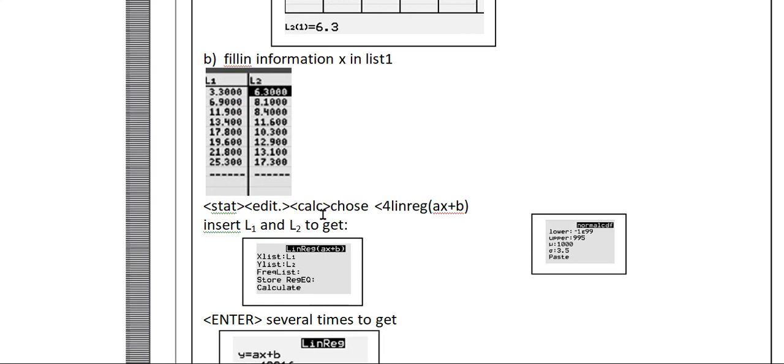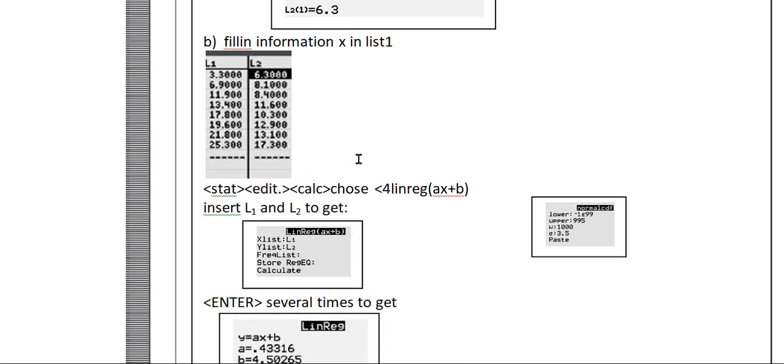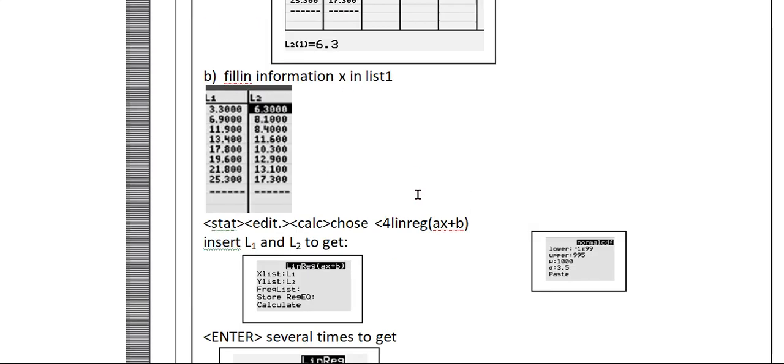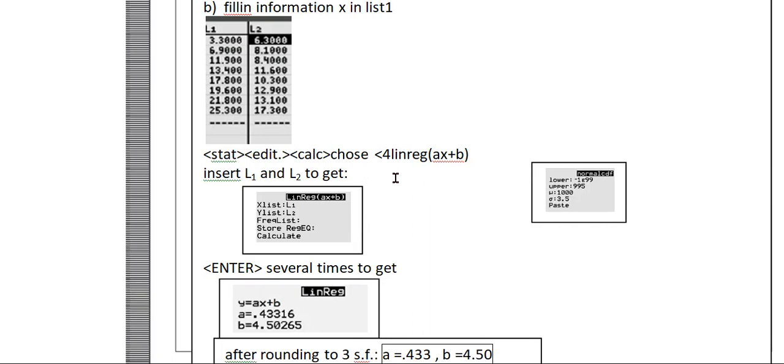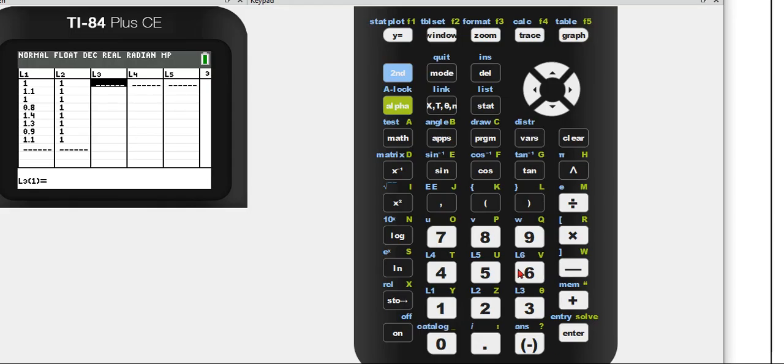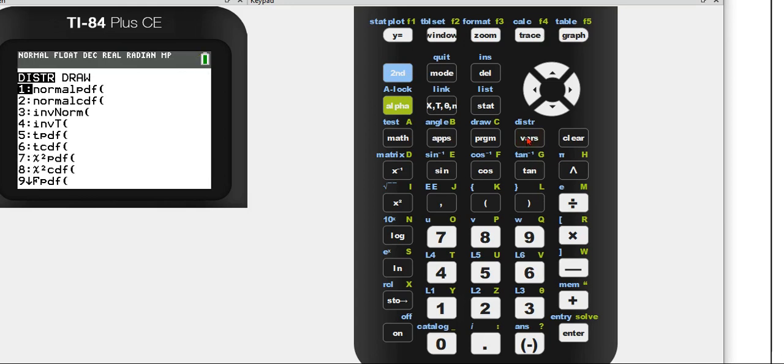And then we should use the regression line. Let's do it. Again we use start.